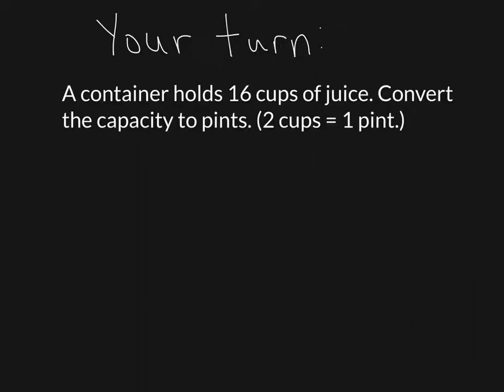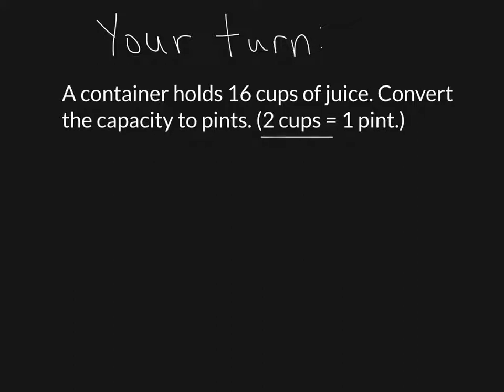Now we're going to complete a story problem. A container holds 16 cups of juice. Convert the capacity to pints. This is exactly what we've been doing so far in the lesson today, but you're going to change the words into an equation. You'll need to have a blank for the pints because we don't know how many pints yet.